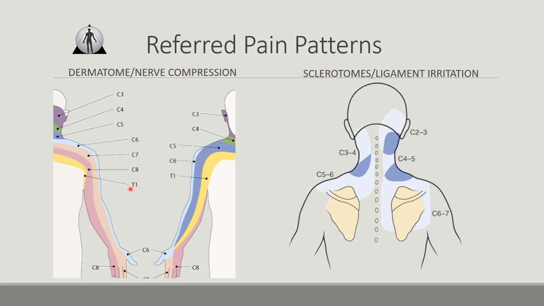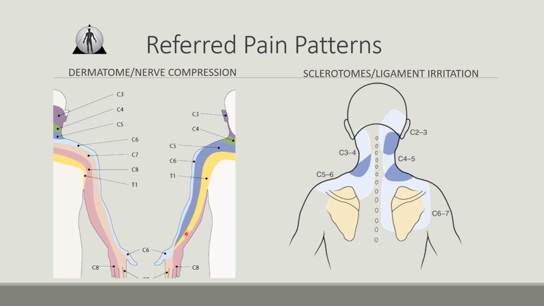Let's say this person has a herniated disc at C5. That puts pressure on the C5 nerve root, so they're going to get pain down the length of the arm, or numbness, tingling, weakness, or maybe even some other changes in the skin.